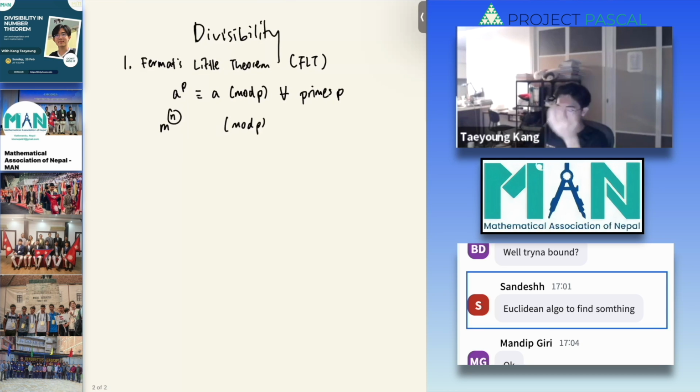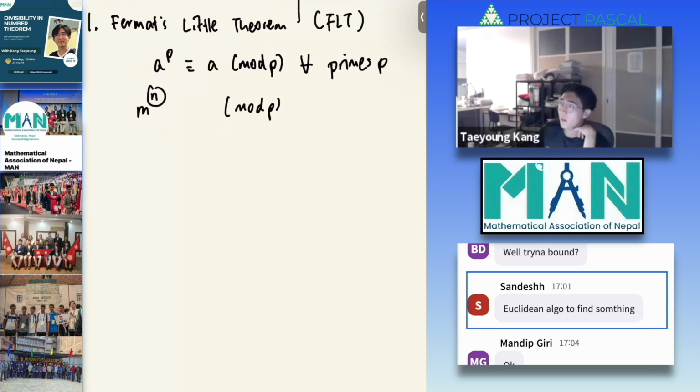So if I asked you what is 2 to the power of 61 mod 31, how would you be able to derive an answer? The way you would do it is basically by Fermat's little theorem.